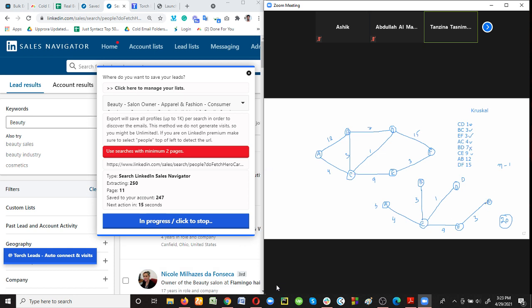Between B and F, the path will be a unique, simple path. So here the path sequence is B, C, E, and F. You cannot find more than one path between any two nodes. That's why this is a tree graph, or you can call it a spanning tree. So this is Kruskal's algorithm.